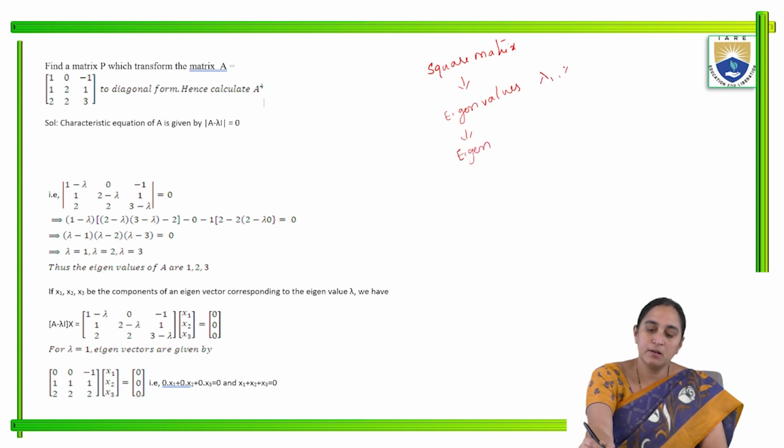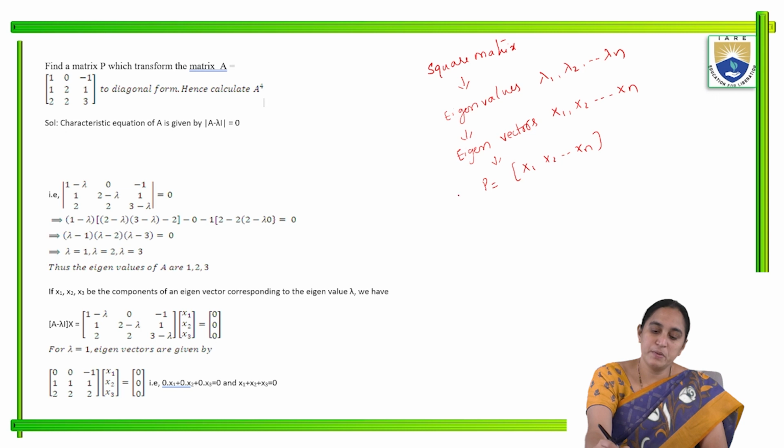These are lambda 1, lambda 2, and so on up to lambda n, and eigenvectors x1, x2, and so on up to xn. After that, write these as one model matrix P. This P is called the model matrix.